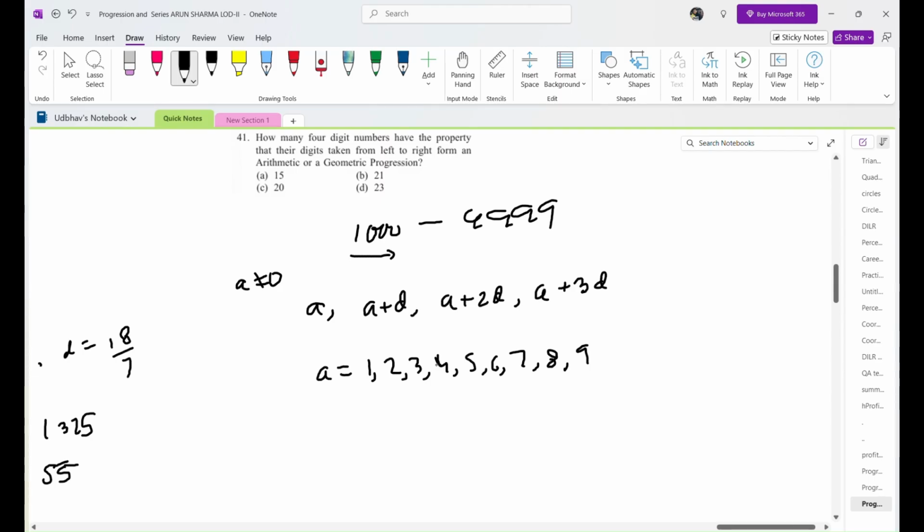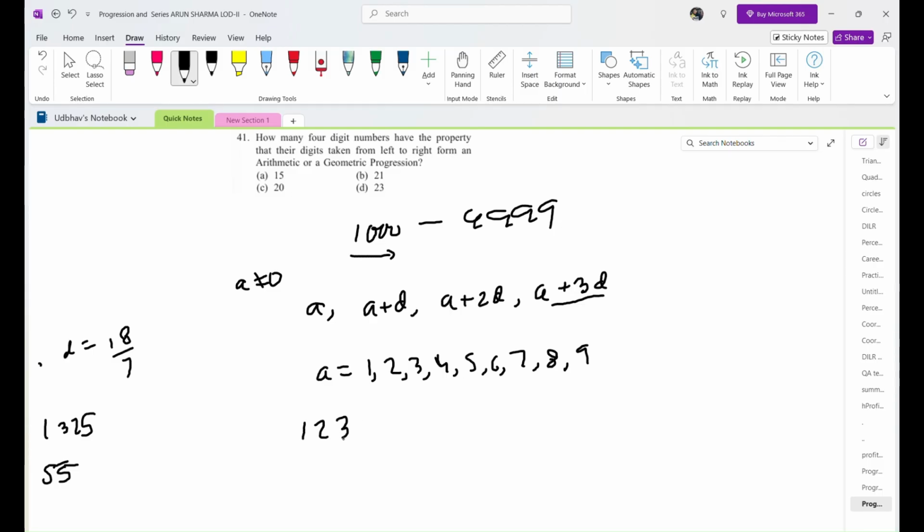So if we put A as 1, we can get different values of D, such as 1, 2, 3, 4, 5, 6, 7, 8, 9. But the maximum value for this cannot exceed 9, because it has to be a digit between 0 to 9.